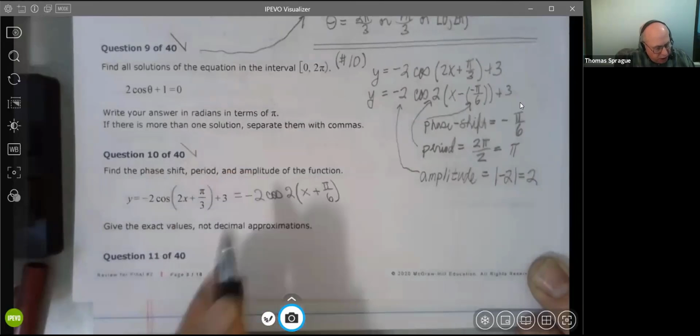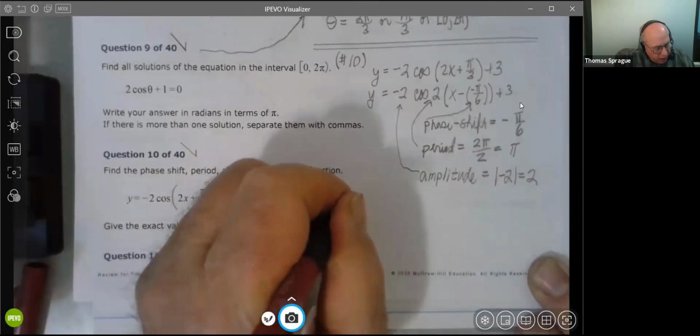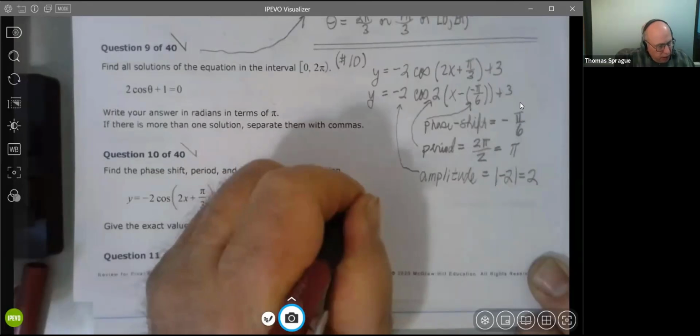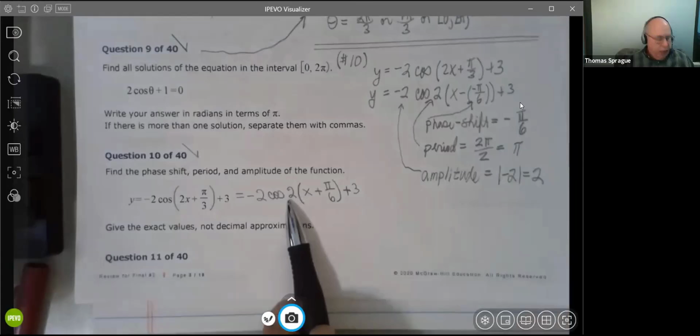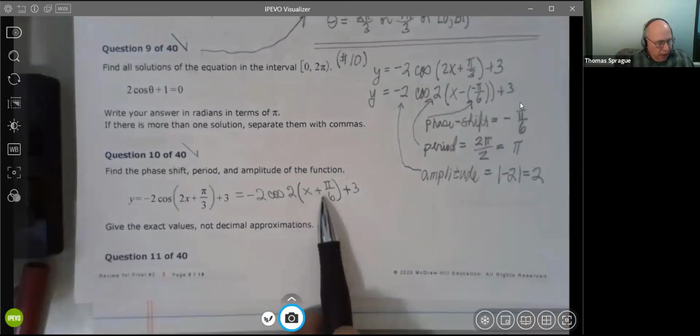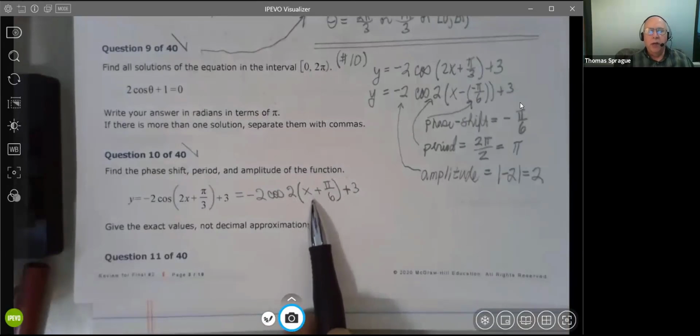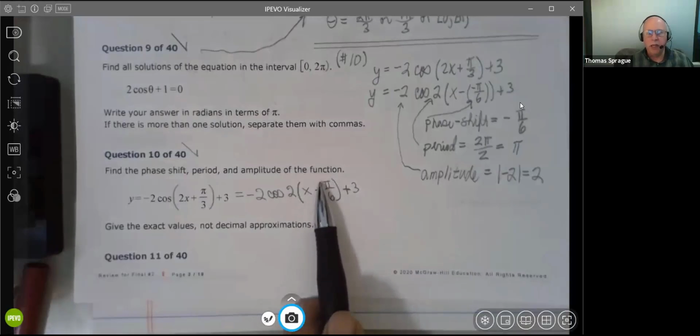And this +3 just lifts the whole graph up by 3 units. So I've got, now remember, inside the parentheses here, the shifts go opposite of the sign. So this is a plus pi over 6, which you'd write as minus pi over 6.